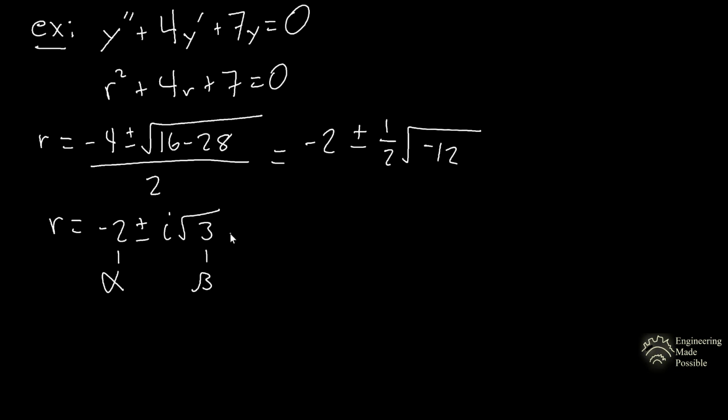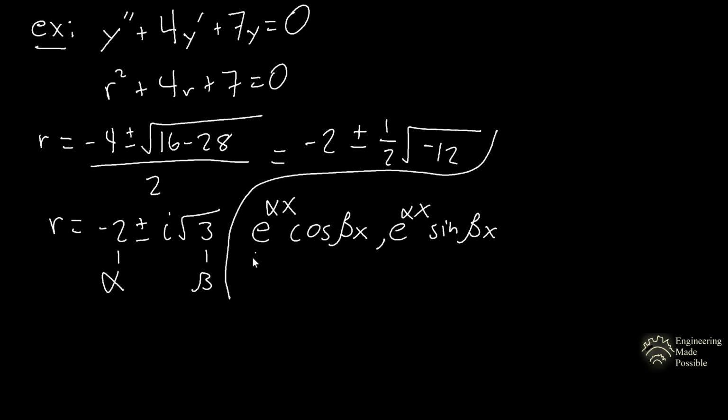Now remember Euler's formula, that's where we're going to be using sines and cosines for the general solution of this differential equation. So our solution for these kinds of complex roots is e to the power of alpha x times cosine beta x, as well as e to the alpha x times sine beta x. So let's go ahead and get the general solution with this.